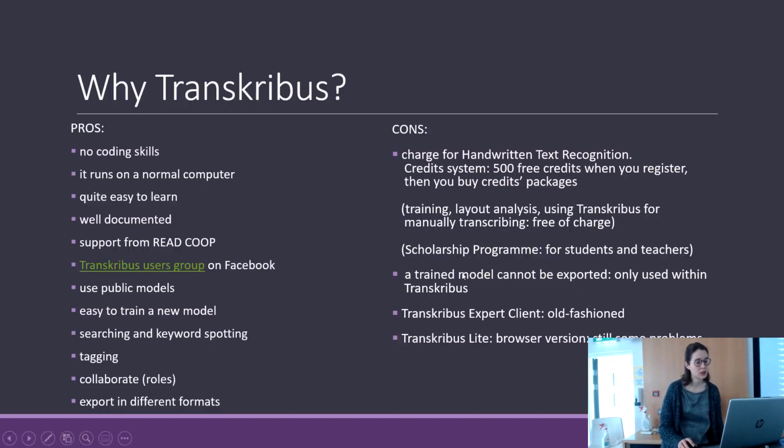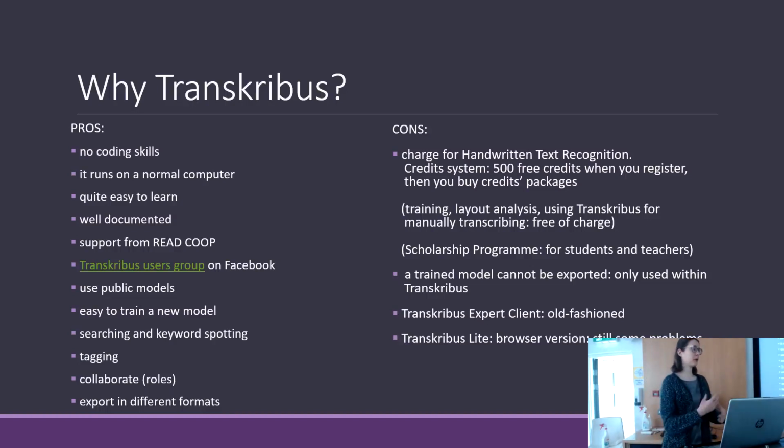And there are some scholarship programs, so if you are a PhD student, or you use Transkribus for teaching, you can ask for free credits. So it's not an unlimited number of free credits, but they can give you a quite good amount of free credits.